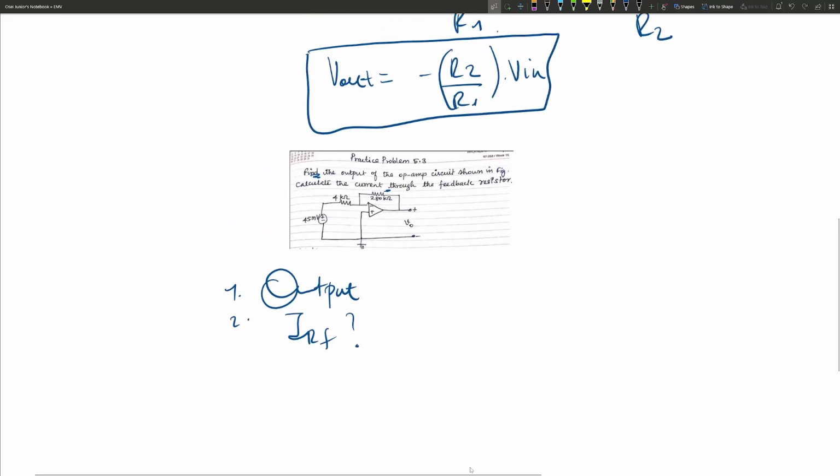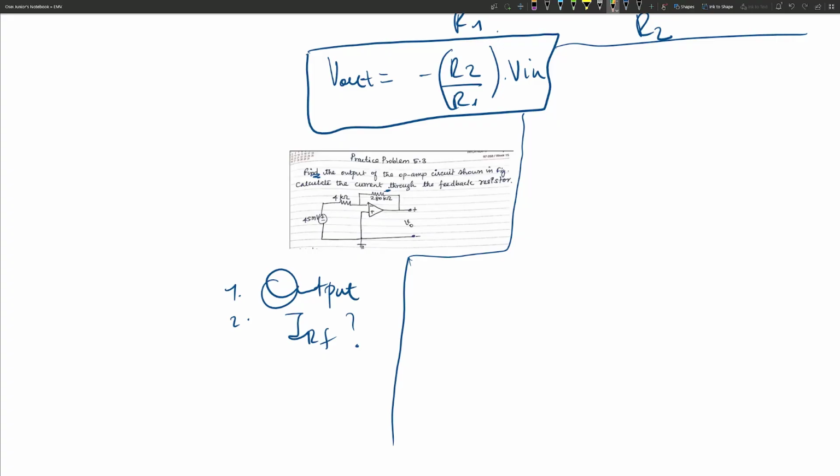So let's start with the output voltage. I know that you can plug it into the formula, but let's assume we didn't have this formula and try to be diligent students. We can start with 45 millivolts, so the current here and the current there.